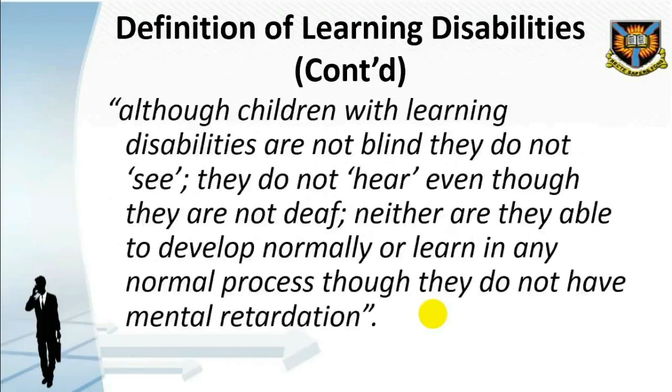Neither are they able to develop normally or learn in any normal process, though they do not have mental retardation. You should note that all the above definitions or descriptions have different dimensions of emphasis that made it difficult to bring the observed difficulties of the children under one umbrella.